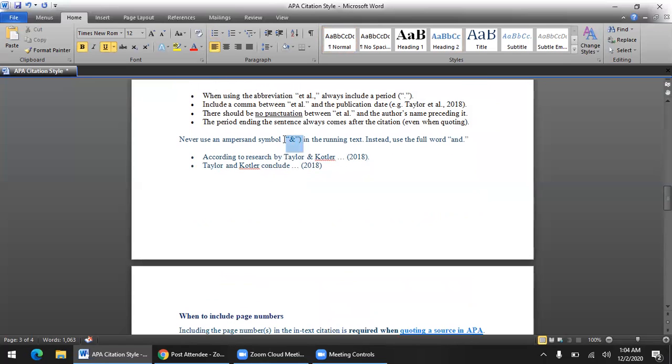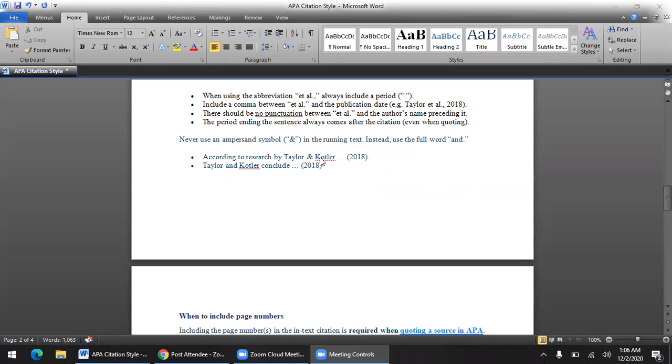Okay, let's come to the ampersand in research. We call it an ampersand. So where do we use the ampersand in our research work? Never use the ampersand symbol in the running text. We are not using the ampersand in the running text. Instead, use the full word "and".